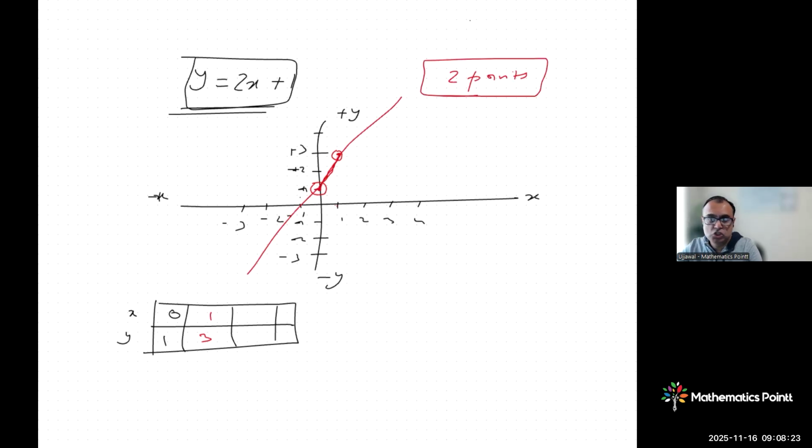Just hold this thought with you, and I'll come back to this point later in the session. A line can be drawn by just 2 points.